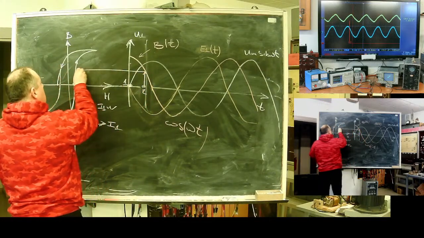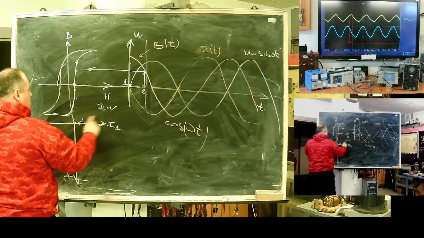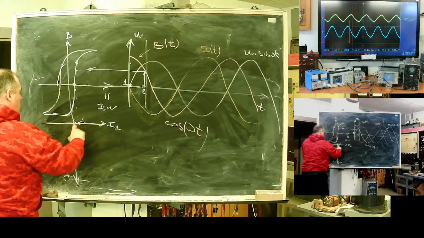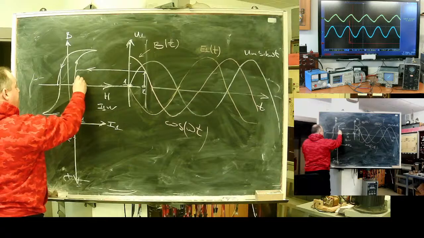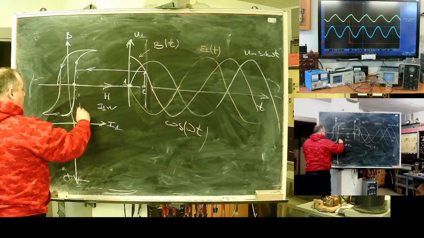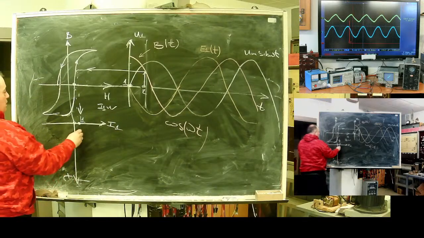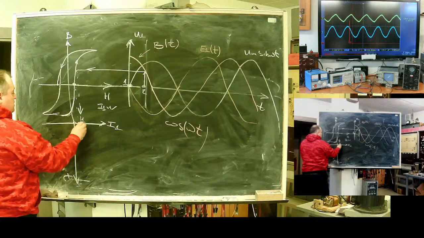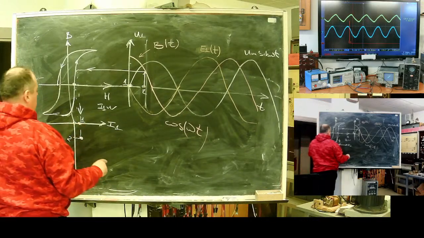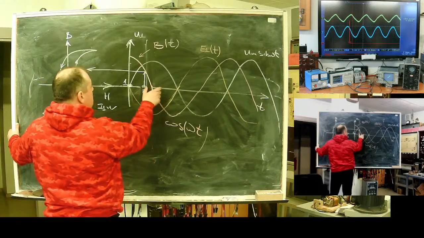This way. This way. This is point number 2. I'm going this way. Okay, for 0 this is point 1. This is point 2.